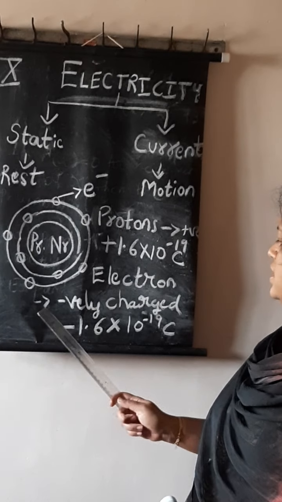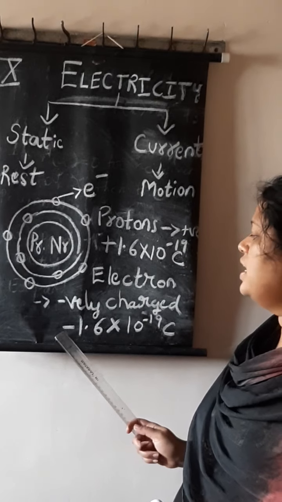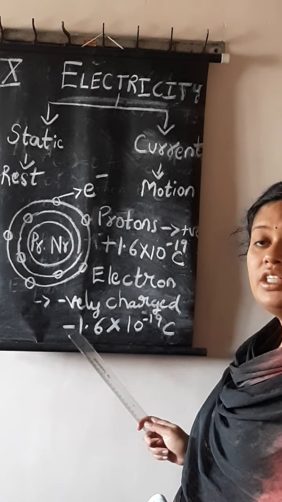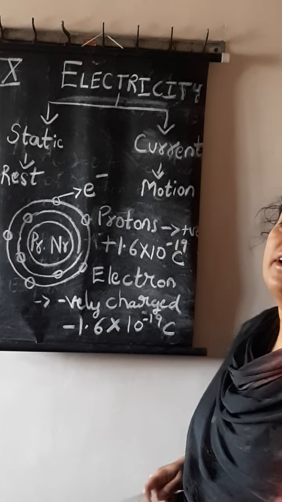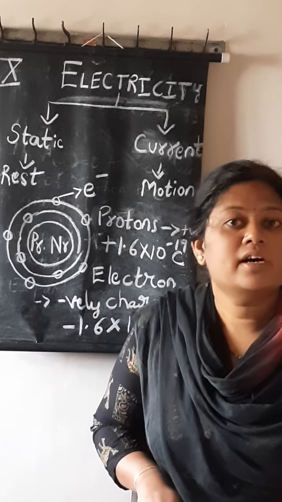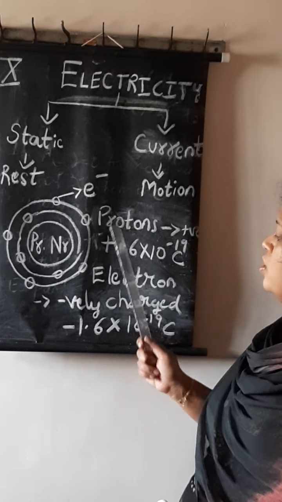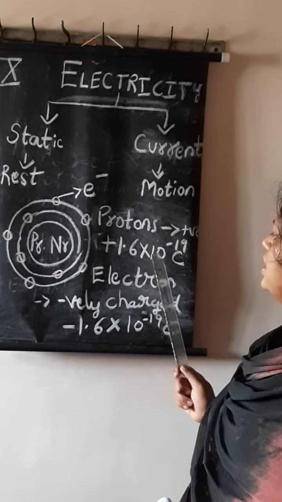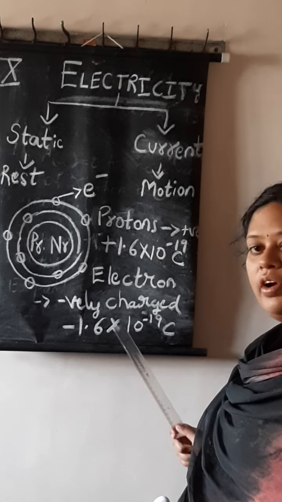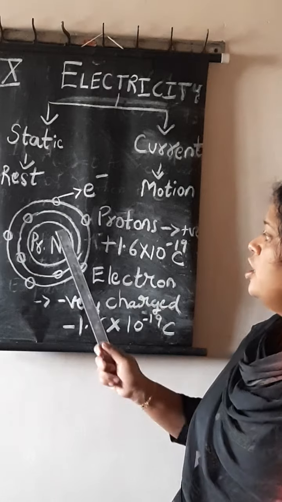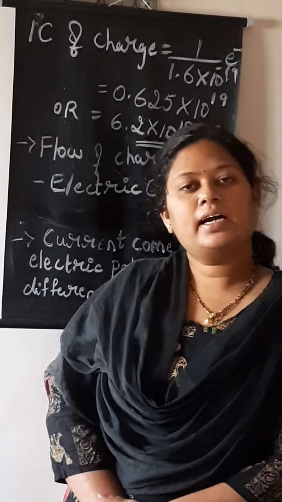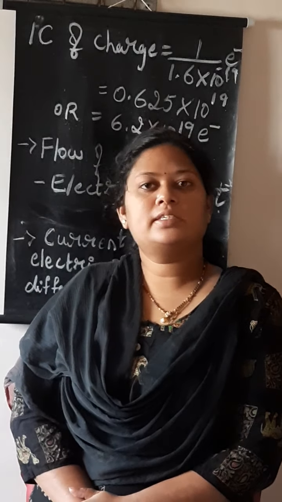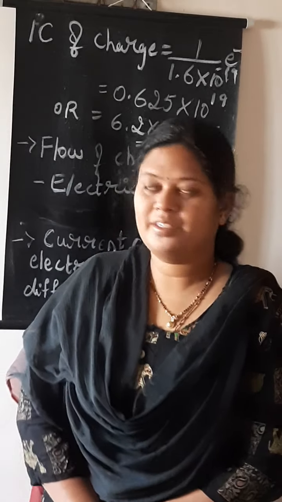And the electron is the negatively charged particle and its charge is minus 1.6 into 10 to the power minus 19 Coulomb. Keep this in mind, children. Proton and electron both have the same value, 1.6 into 10 to the power minus 19. So we learned that the unit of charge is measured in coulombs.